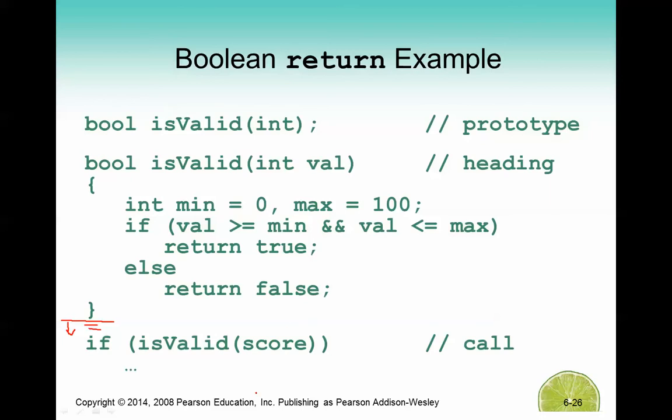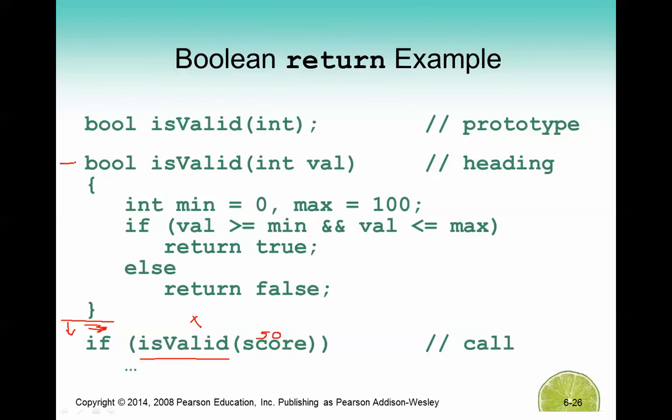The same thing is going to happen here. But instead of something like x greater than 1, what they have is a call to a function. The name of the function is isValid, and they are sending score. Let's suppose that what they send is a 50. This 50 was placed in score before with a cin or an assignment operator. We don't know, but we have a 50 in that memory location score. So we're calling the function isValid, and the system is going to go and look for the function.